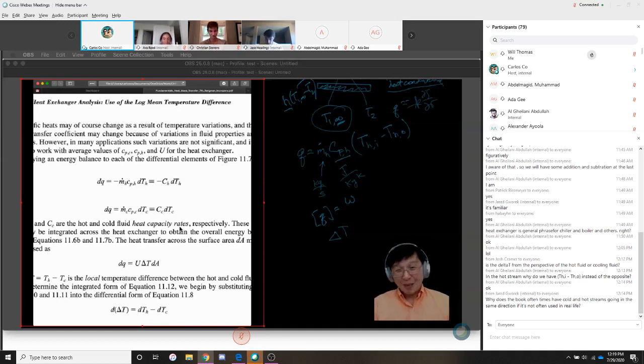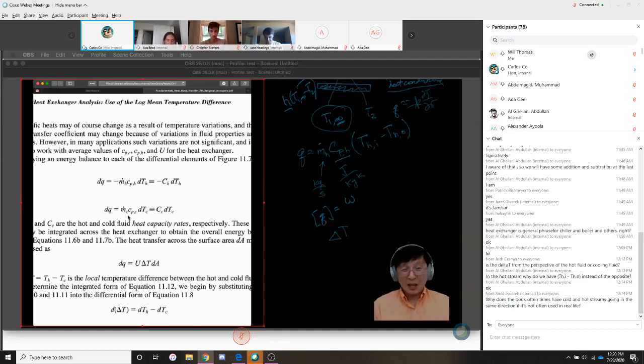Well, don't. Heat capacity rates are simply the heat capacity per mass of the hot stream multiplied by the mass flow rate of the hot stream, and the heat capacity per mass of the cold stream multiplied by the mass flow rate of the cold stream. So it's basically heat capacities multiplied by the flow rates. Is it really that important to do that? Not really.